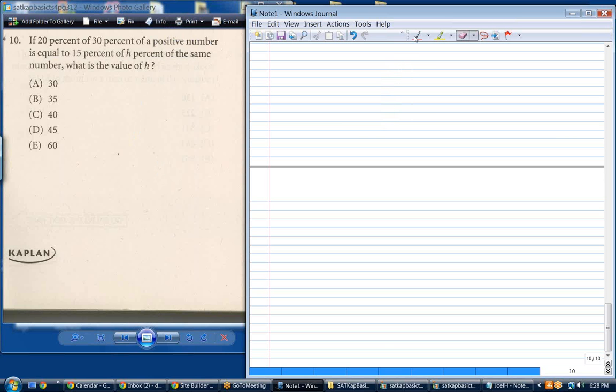Let's let this positive number be 100, which is okay to do. 20% of 30% of that positive number is equal to 6, because 20% is 20, 30% of that is 6. And 15% of h% of the number has to be equal to 6 also.